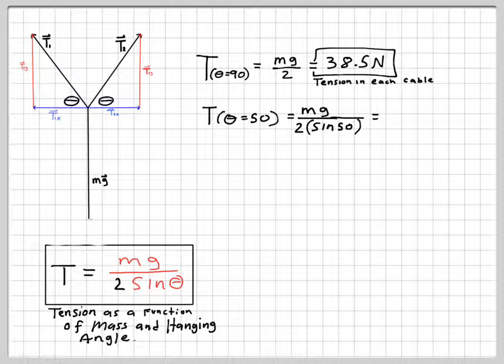That 1 over the sine of 50 is about 1.3 or so. So that turns out to be 50.2 newtons. That's the tension at 50 degrees.